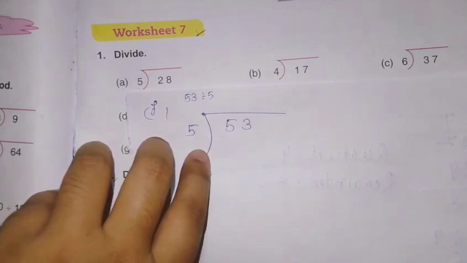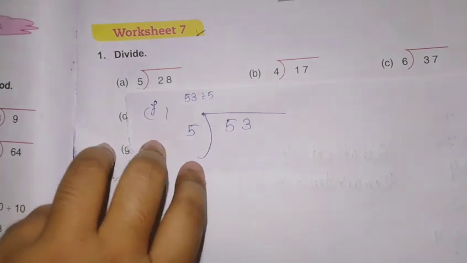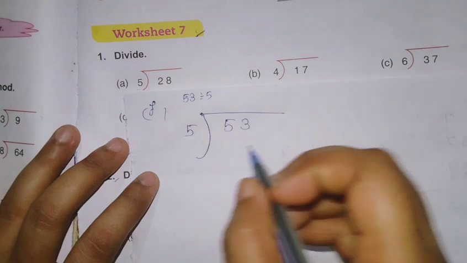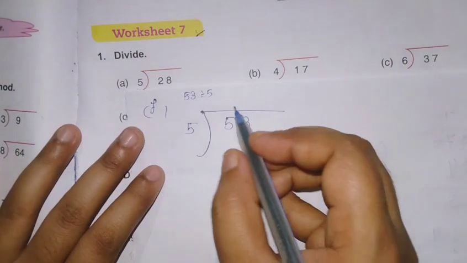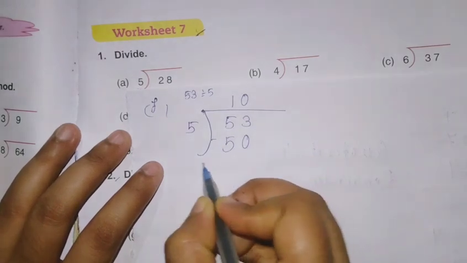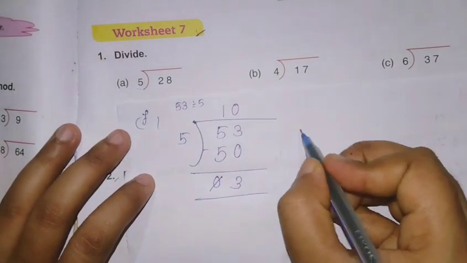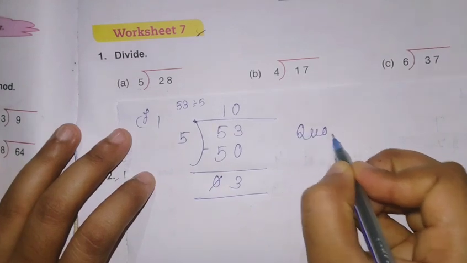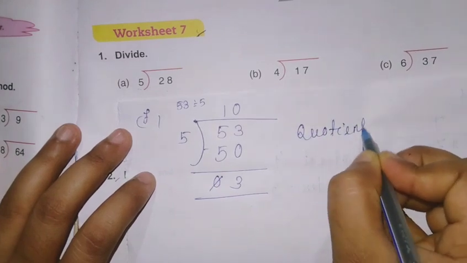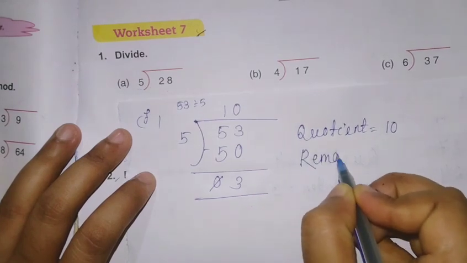Then we recite till we get a number just less than 53. So 5 tens are 50. Then 3 minus 0 equals 3. Then 5 minus 5 equals 0. Here we get quotient equals 10 and remainder equals 3.